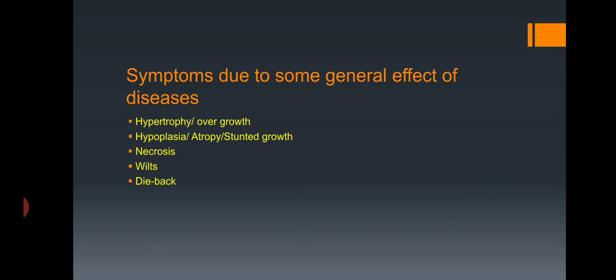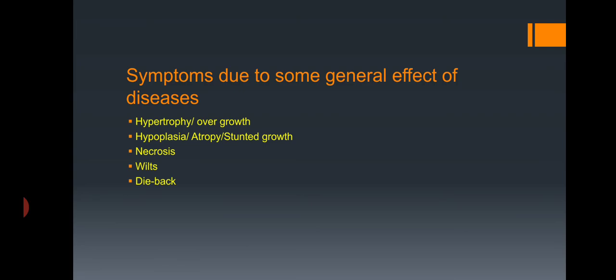Some wilts may be due to bacterial infection, and sometimes due to water stress. With scarcity of water also we can see wilts. At flood time, due to bacterial infections or over waterlogged conditions, the plant sometimes wilts.